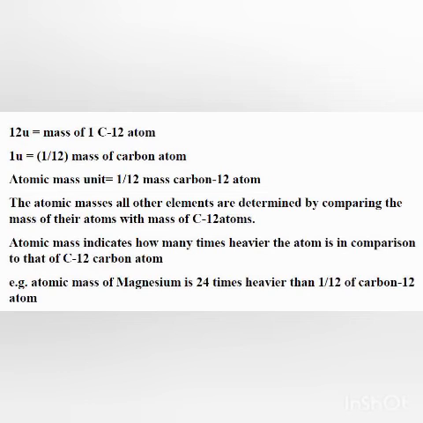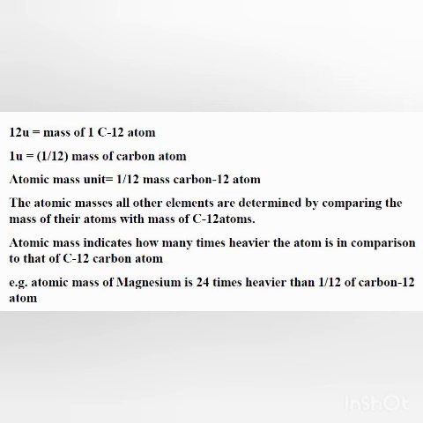Now if you take the case, the atomic mass of magnesium is 24 units. So it indicates that magnesium is 24 times heavier than 1/12th of a carbon-12 atom. It means magnesium is 24 times heavier than one part of 12 parts of a carbon atom.